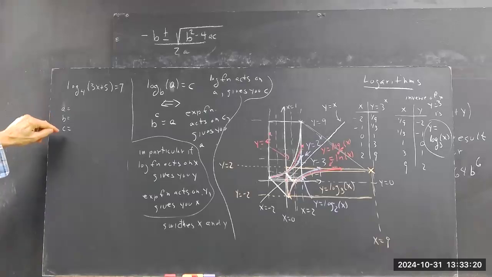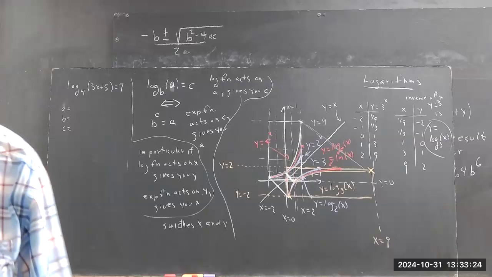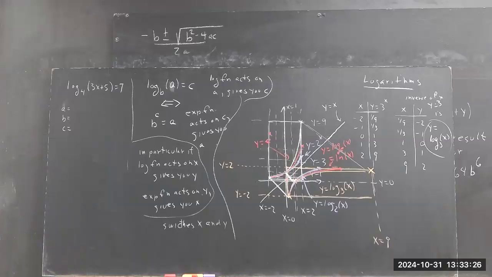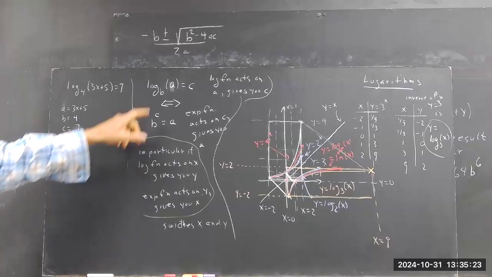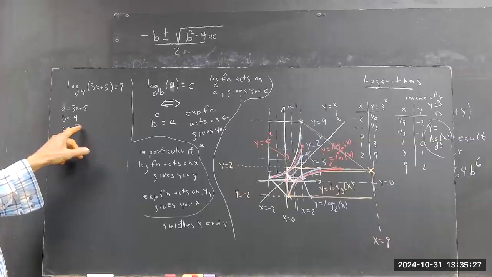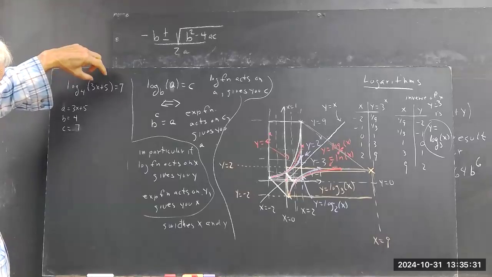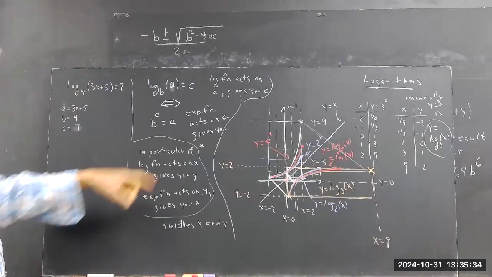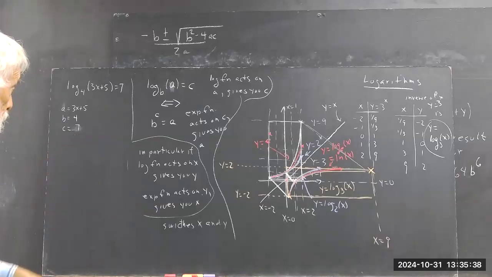A equals what, B equals what, C equals what in this form. Write that out. Okay, everybody got it. A is 3x plus 5, B is 4, C is 7. How do you identify it? B is the subscript of the log, that's 4. The A is what the log is acting on, in this case, 3x plus 5. And the C is what's on the other side of the equal sign, that's 7. So there you have it.